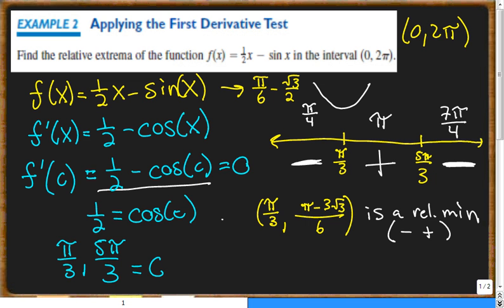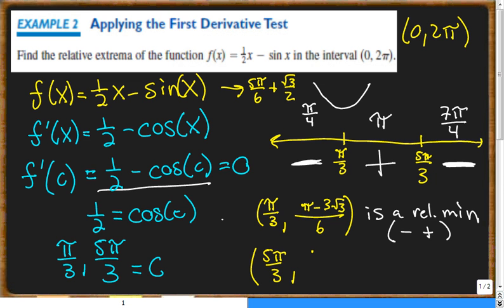And my second point, which is 5 pi over 3, if I were to plug that in, I would get 5 pi over 6 minus a negative square root of 3 over 2, which would be a positive square root of 3 over 2 now. So that gives me a similar kind of thing.